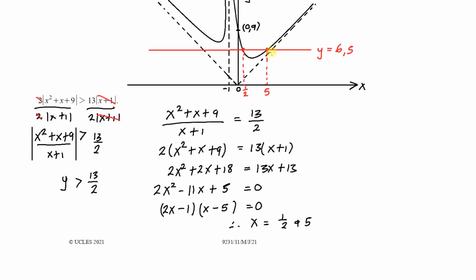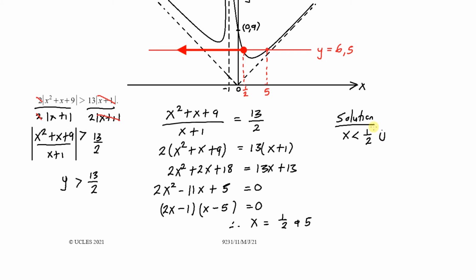All right, so we will take values of x for the solution. We'll take values of x that are less than a half. That is where, if you look at this value here, you can notice that for values of x that are less than a half, the graph of the modulus is always greater or above that of y is equal to 6.5.